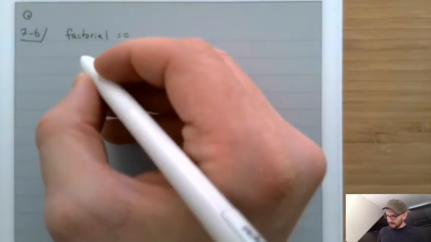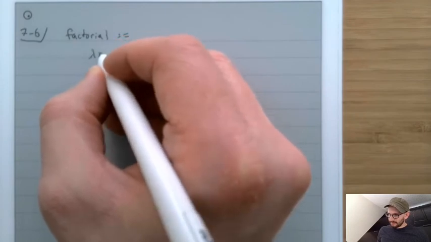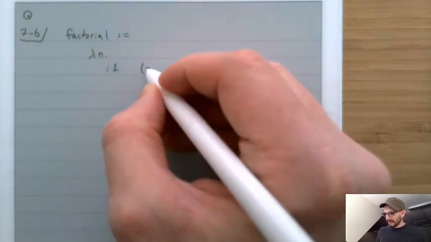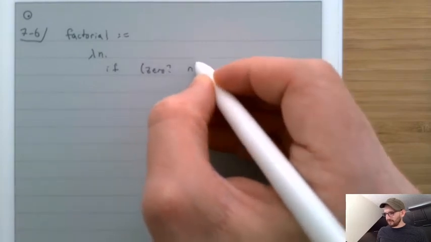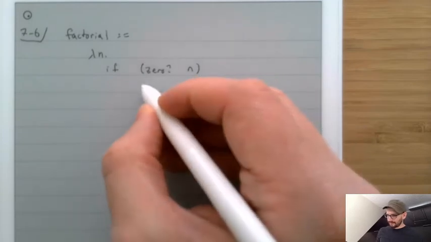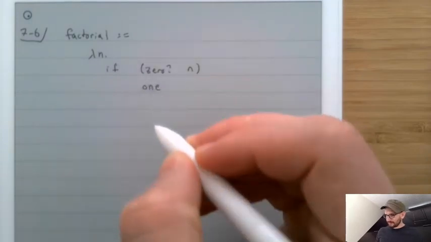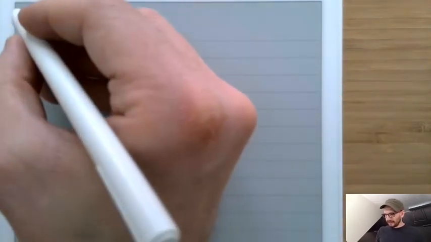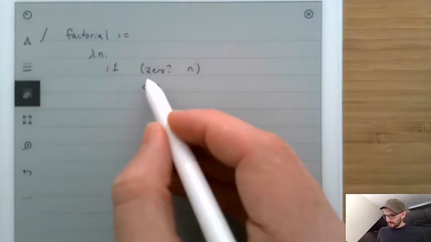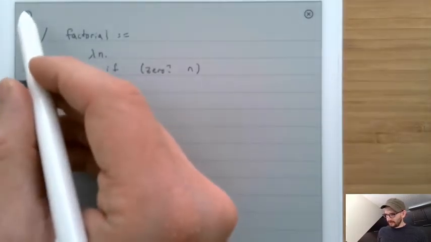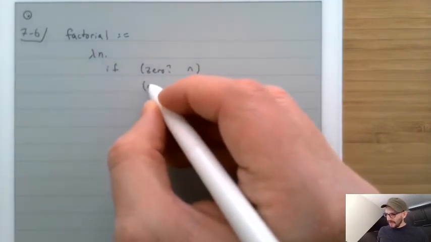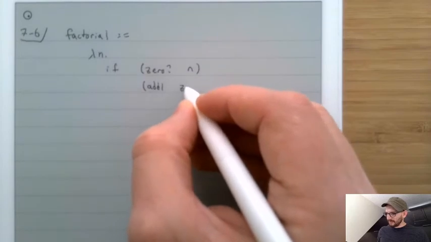Well, factorial is going to take in a number, and then it's going to say if that number is 0, then what we're going to do is we're going to return 1, i.e., we're going to return the add 1 of 0.